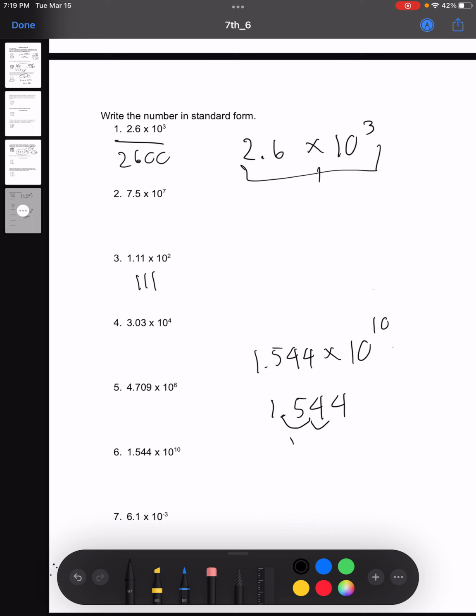So 1, 2, 3, add in a 0 whenever you run out of numbers, 4, 5, 6, 7, 8, 9, 10. So we end up getting a pretty big number, whatever that number is. I hope this was helpful, and thank you.